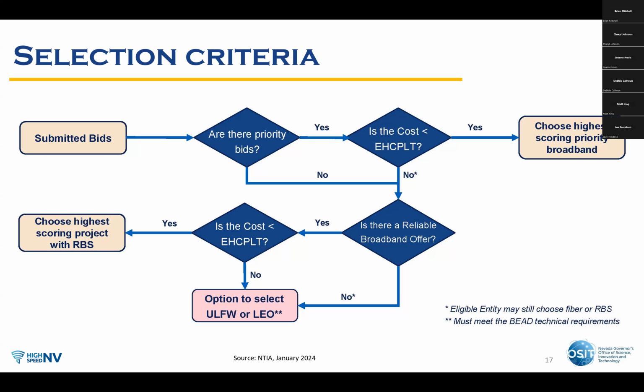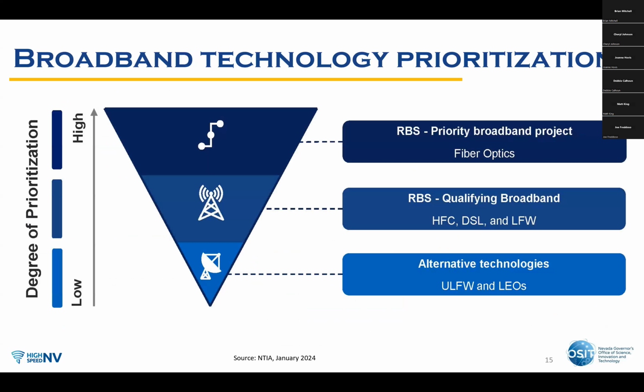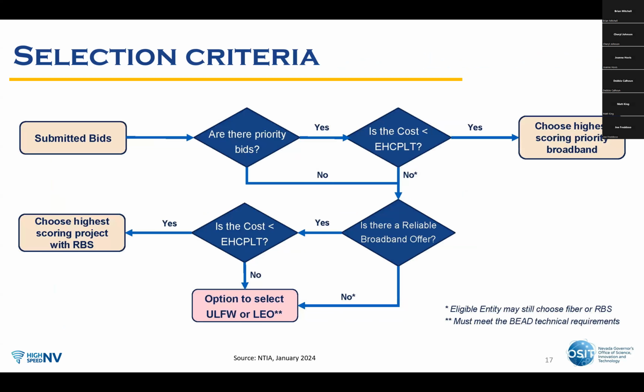So you see there the hierarchy of technologies that we saw on the earlier slide, going back to the prioritization of different technologies. Here you see NTIA's view of how the process will work to consider these different technologies.